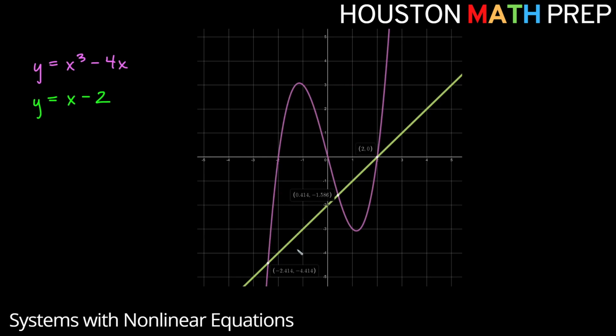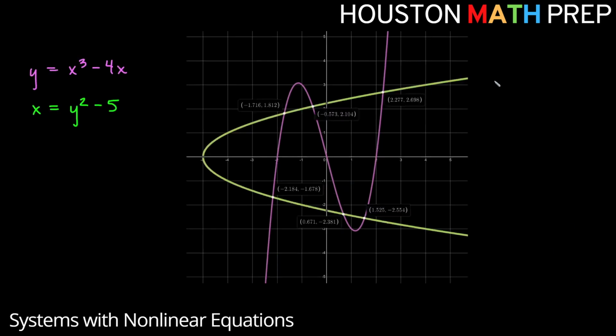If I take, instead of a line with, say, a cubic function, and I instead replace it with something like a parabola, what you start to notice here is there are 6 intersection points. There's not symmetry, right? This is not the same x value as down here. They're not exactly above and below one another.